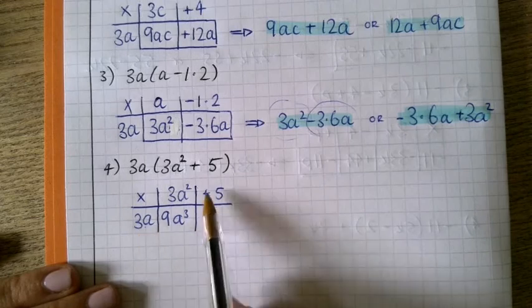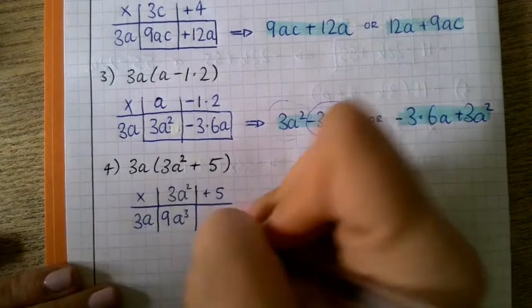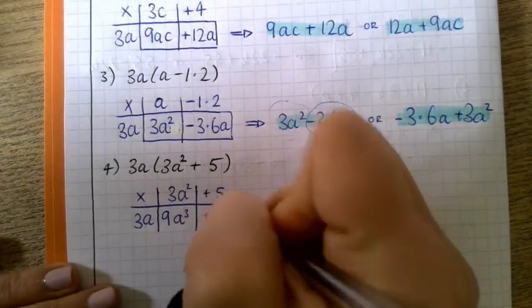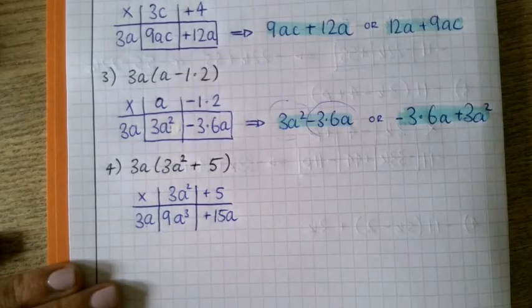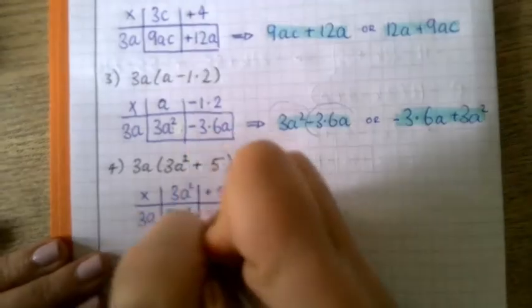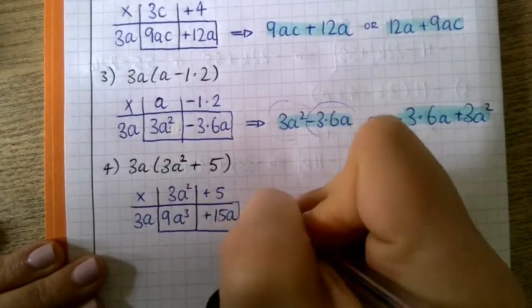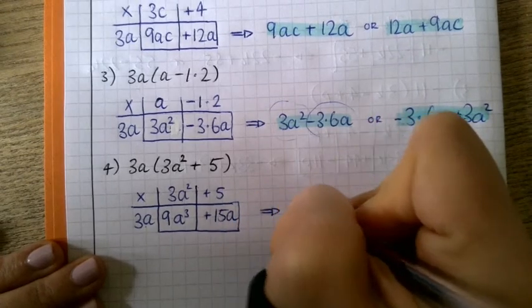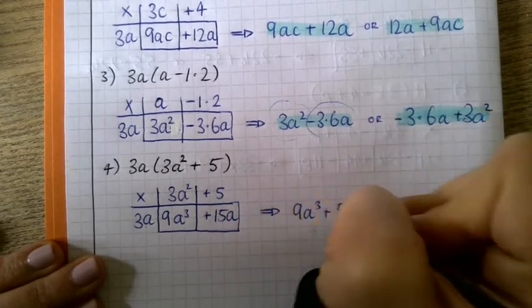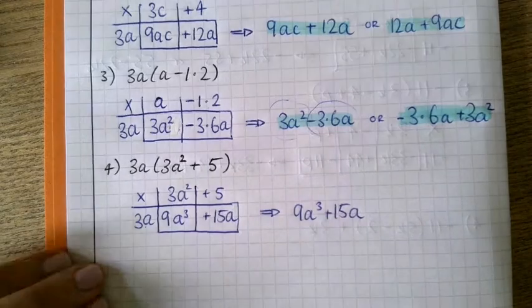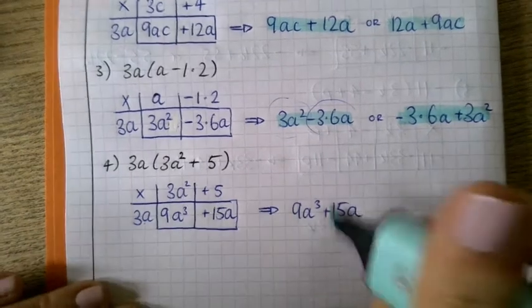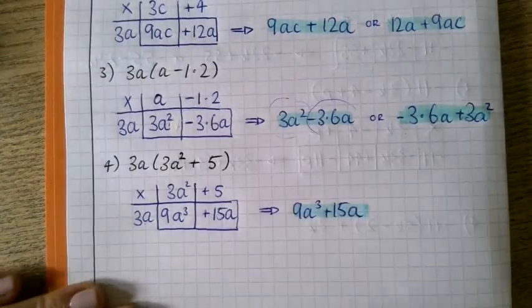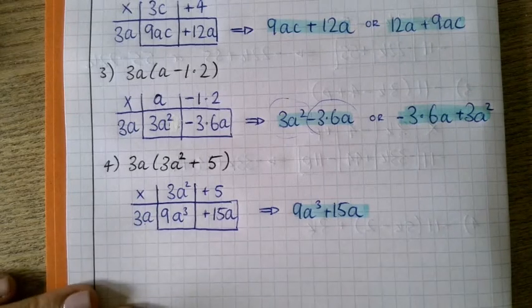And then 3a multiplied by positive 5 is going to be positive 15a. And then our final answer is going to be 9a cubed plus 15a. And you can write that the other way around, 15a plus 9a cubed, but I won't do that this time.